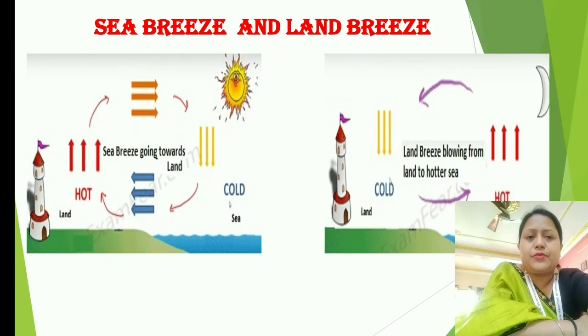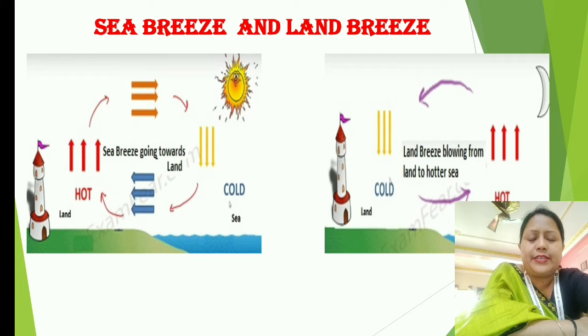Okay. The first drawing is about sea breeze. The sea breeze occurs during the daytime. So you can see very well in the drawing, during the daytime the land gets heated faster, and the air above the land becomes lighter and rises up and it creates a vacuum there.